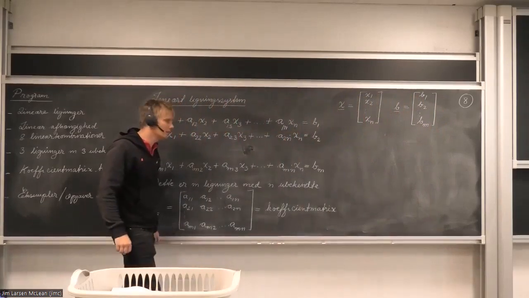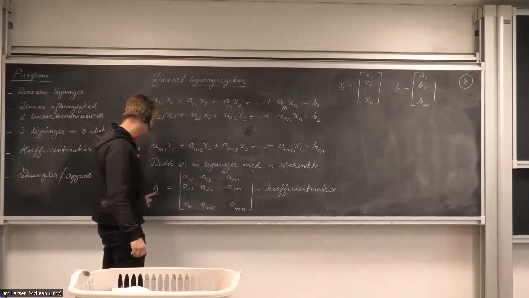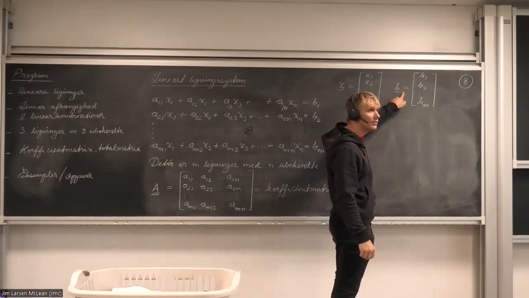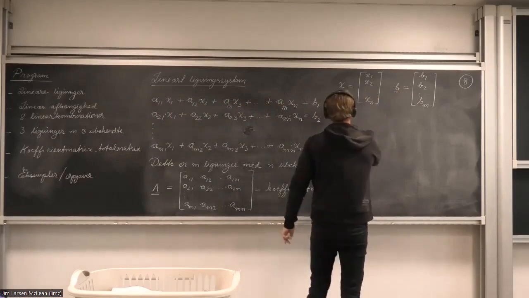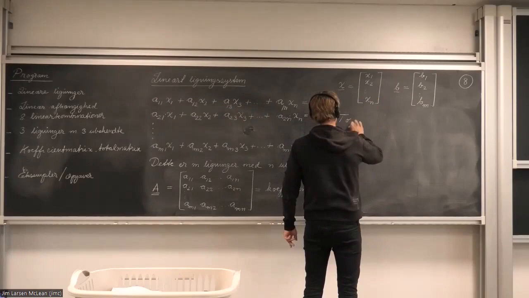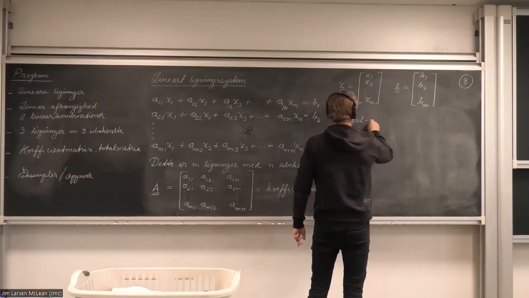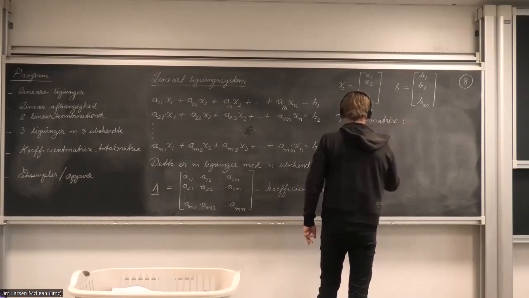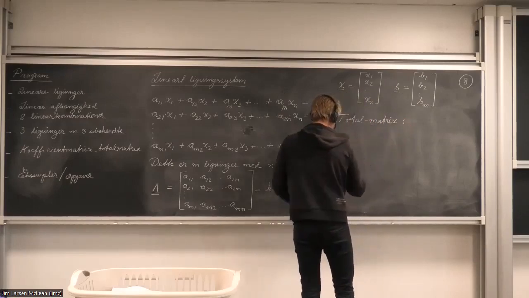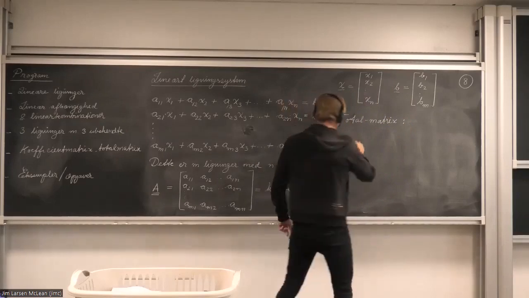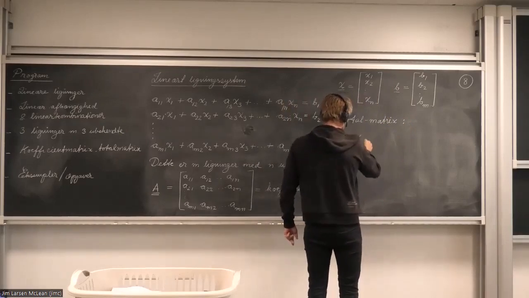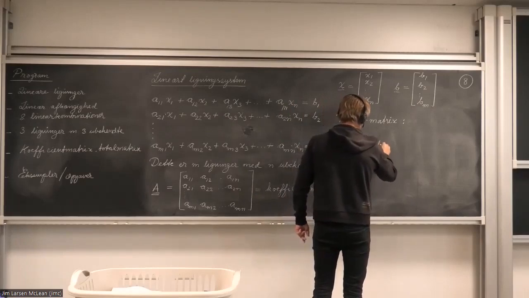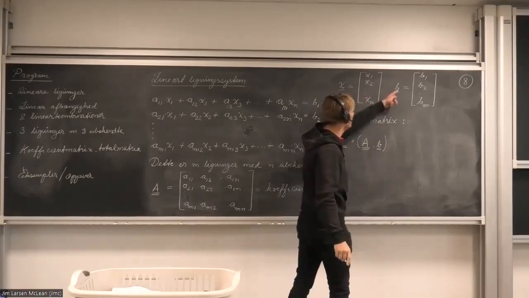And if you stitch the coefficient matrix together with the right side, you get the total matrix, which looks like this. You stitch it together by taking the coefficient matrix and merging it with the right-hand side. And the right side was b.